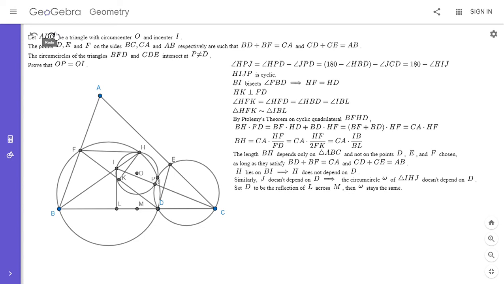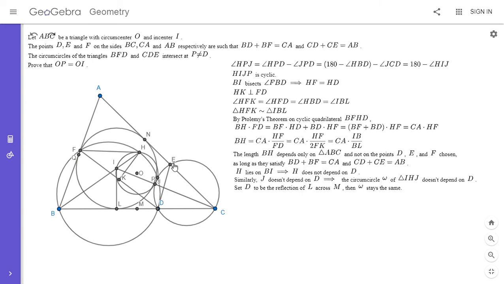So first, I'm going to draw in the incircle, and I'm going to draw in the points of tangency of the incircle. And I claim that not only is D the reflection of L over M, but these sum conditions guarantee that E and F are also the reflections of the tangency points of the incircle with respect to the midpoint.